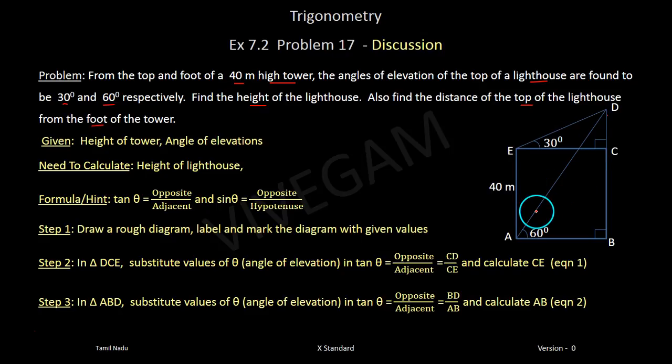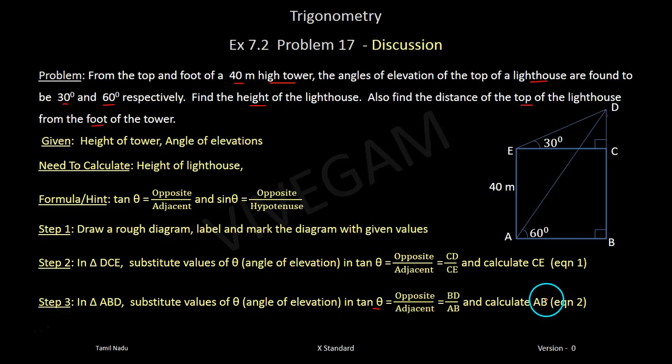In triangle ABD, tan 60 is opposite by adjacent. Opposite is BD divided by AB, right? Using this relation, we will get AB in terms of BD.